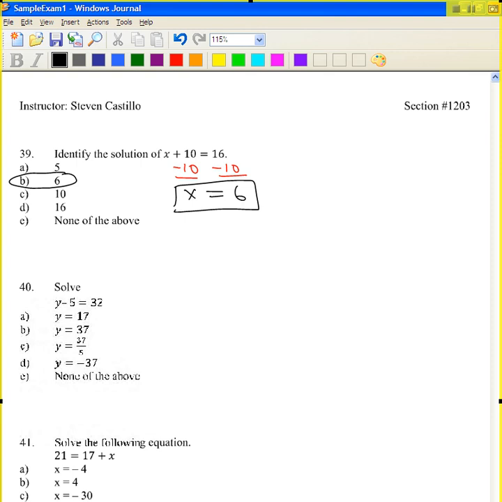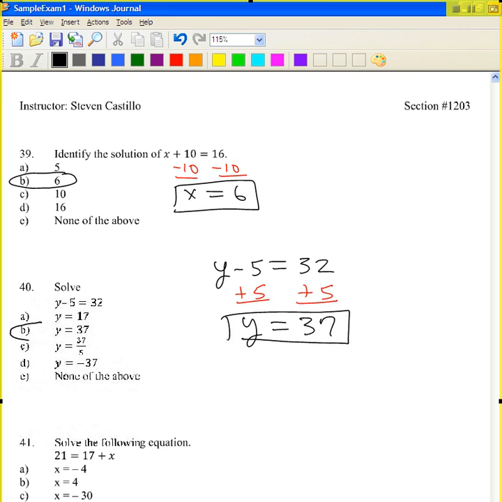Solve y minus 5 equals 32. Let me add 5 to both sides of my equation. So y equals 37. And so B.